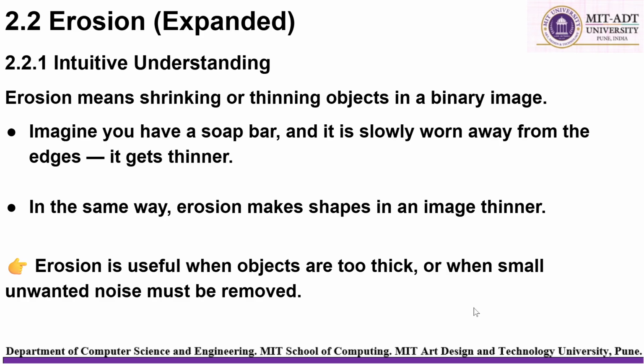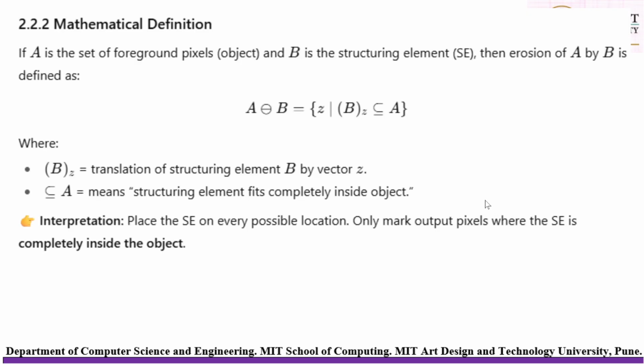Erosion makes the shapes in the image thinner. It is useful when the objects are too thick, or even when the objects have certain small unwanted noise that must be removed. In such cases I will perform the erosion.